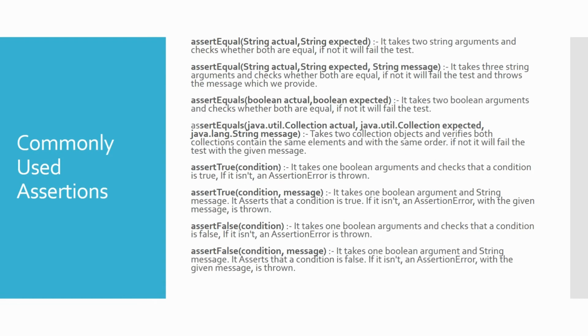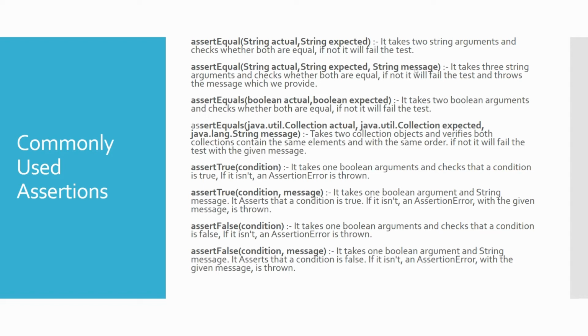Apart from assertEquals, which we have seen in our example, there are some more commonly used assertions. These are assertEquals comparing strings, then assertEquals comparing strings with a message, which is shown if the test case fails.